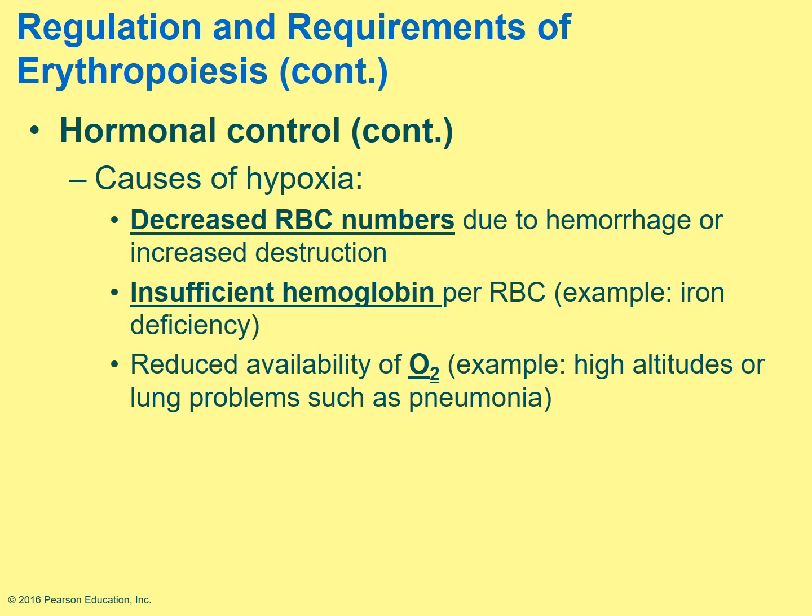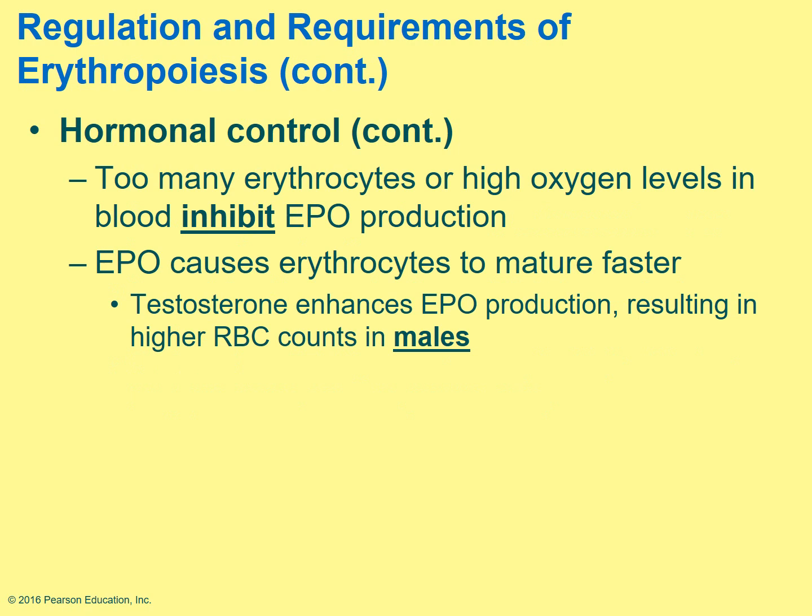If you increase the amount of red blood cells, then that means you have more cells. They can carry more oxygen, and then you are able to increase the amount of oxygen being delivered to the tissues. If you have too many erythrocytes or high oxygen levels, the blood is going to start to inhibit the EPO production. We don't need as many red blood cells. Slow it up. Does it stop it completely?